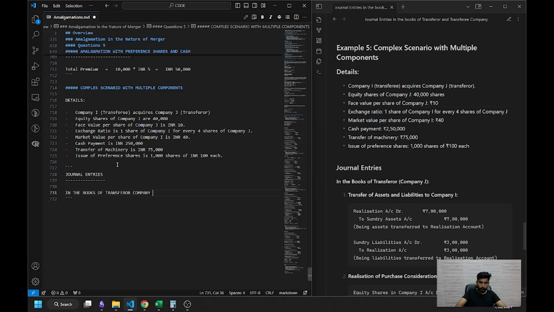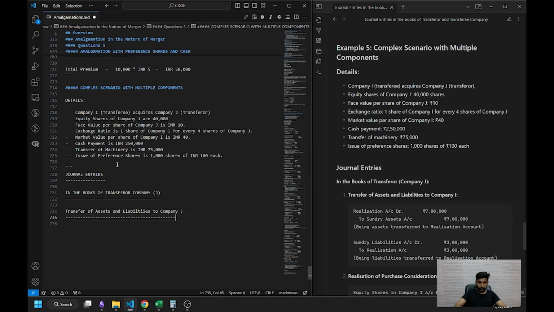The transferor company is J. The transfer of the assets and liabilities to company J. We are going to transfer the assets and liabilities to company J. Here, the realization account debit to sundry assets account.